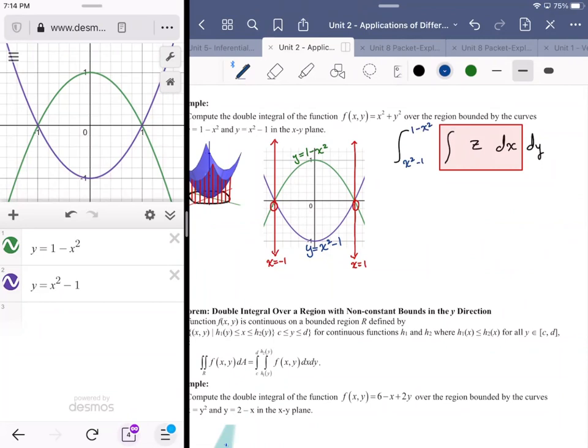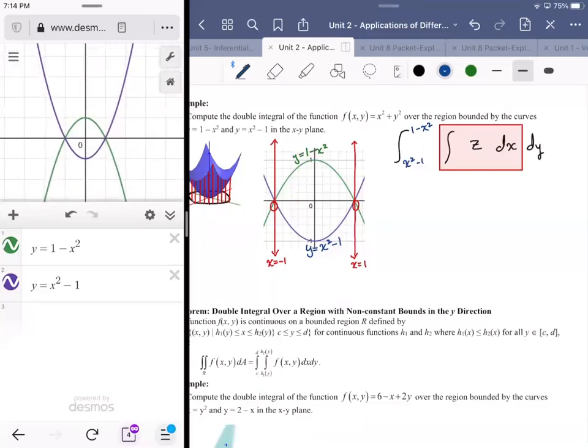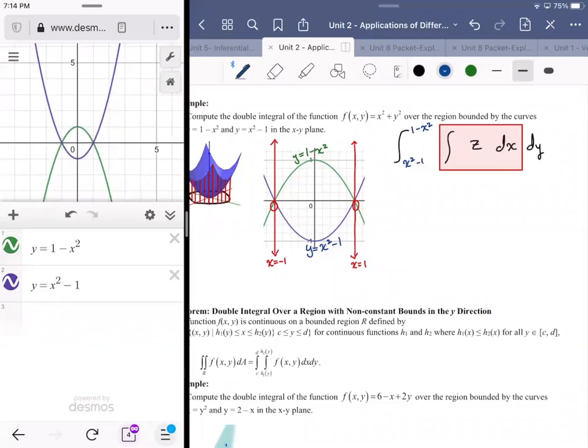But then for my x bounds, now I have to restrict that further, because if I don't make a good restriction, then I'm saying that this could go from -infinity to infinity. All right. So if you look at this, there's a lot of instances in which the curve goes above y equals x squared minus 1 and below, well, not really. I was going to say below the green and above the blue. There are plenty of instances where that happens.